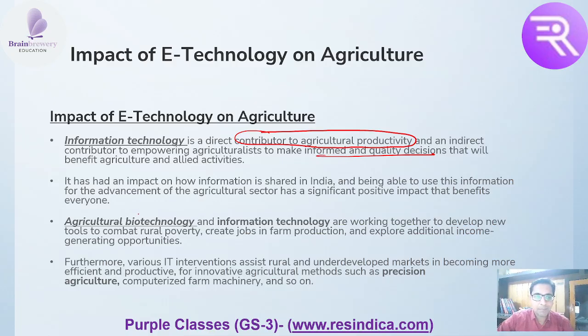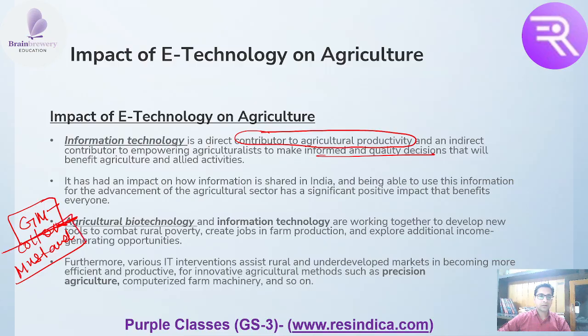Then agriculture biotechnologies, GM technologies we are utilizing, genetic engineering we are doing here. They are providing a very good amount of productivity. GM mustard, GM cotton, these are technologically converted seeds that we are utilizing in the field of biotechnology.